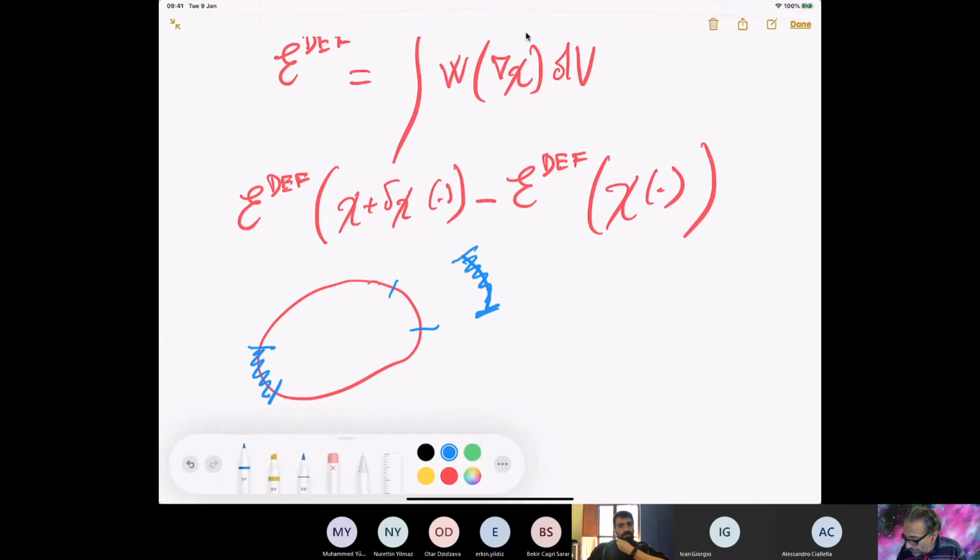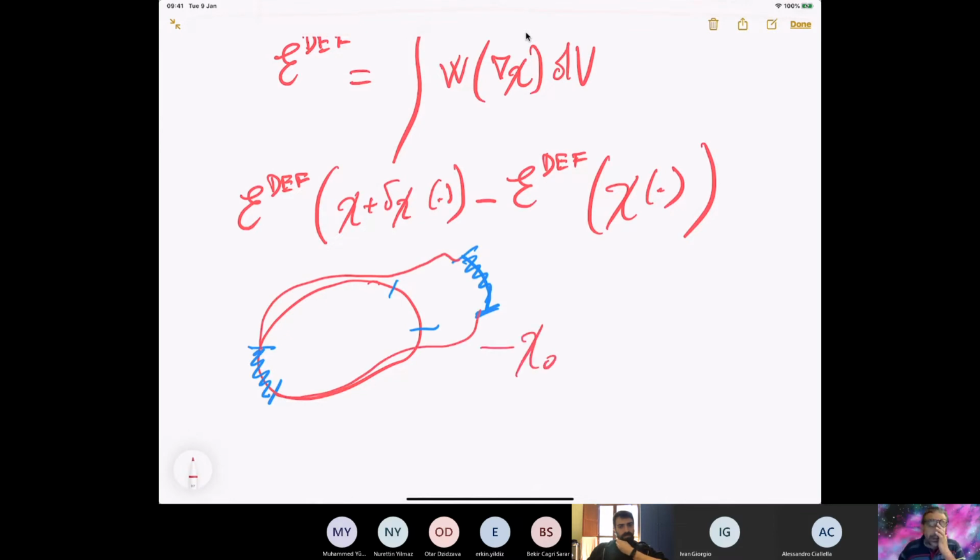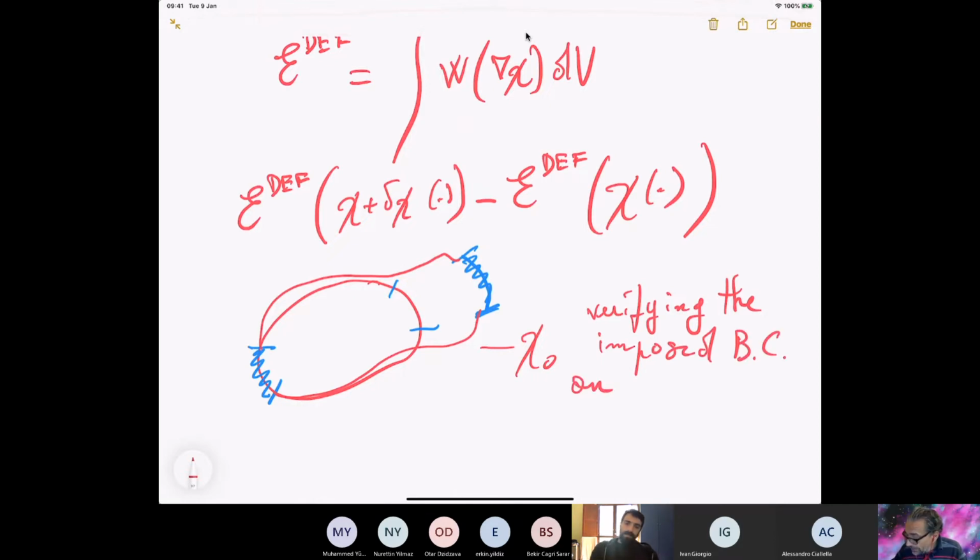And now we want to find the shape chi 0, verifying the imposed boundary condition and minimizing the deformation energy.